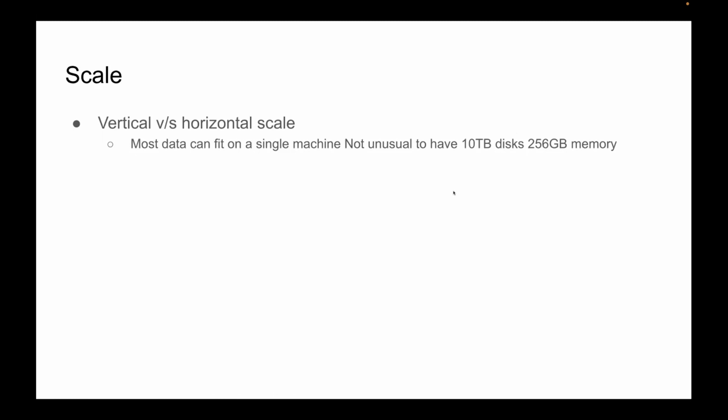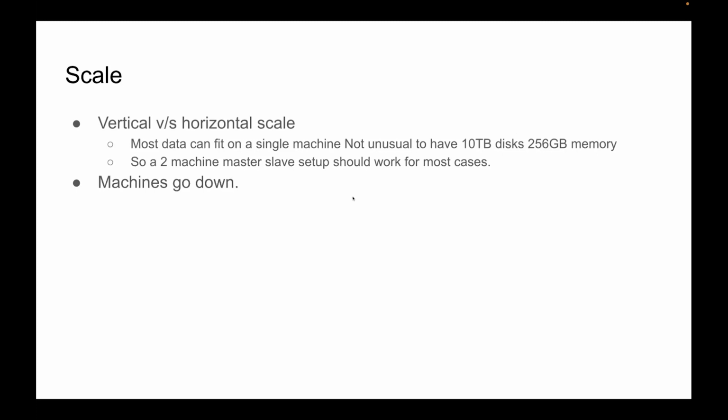However, machines go down, right? You can't predict, especially in today's cloud infrastructure. You don't run your DCs. You don't have any control over the machines. So machines go down. And in some cases, data has grown to exabytes and petabytes. And who knows? You might be running a startup that today is only doing a few hundred gigabytes, which tomorrow could scale overnight, and suddenly you're looking at petabyte scale, right?